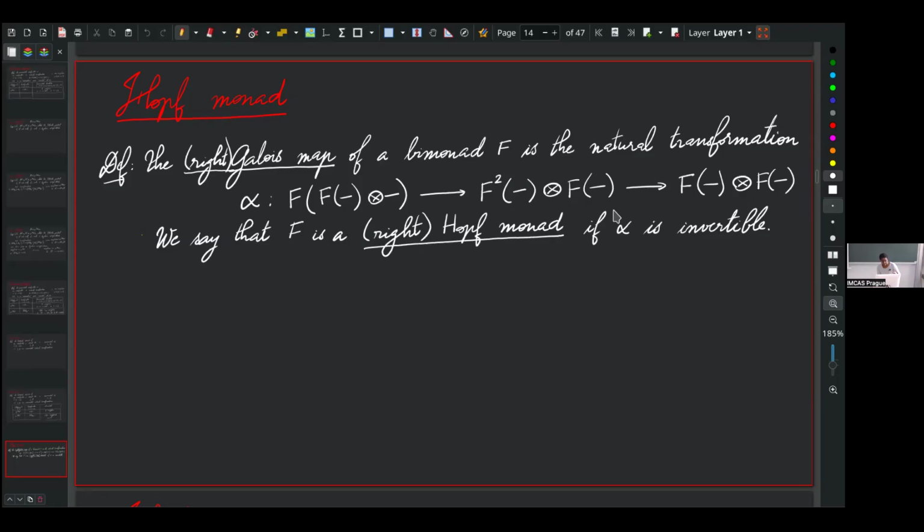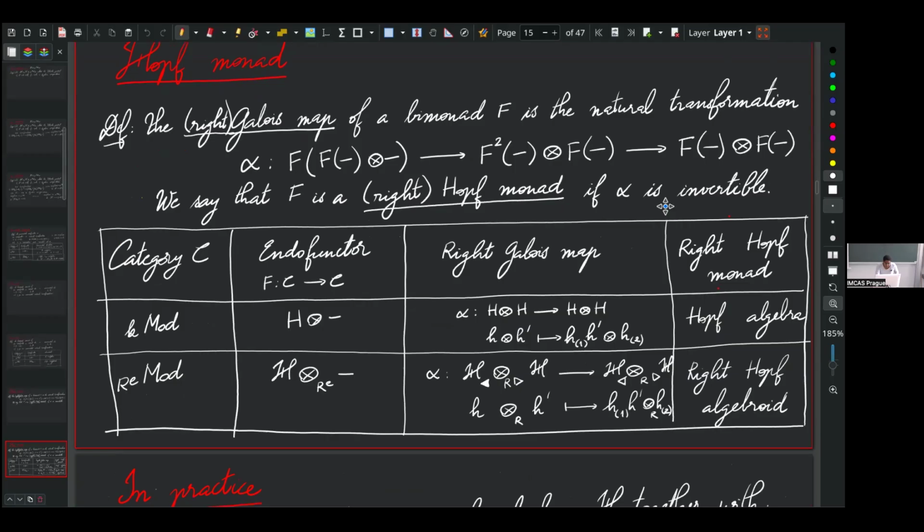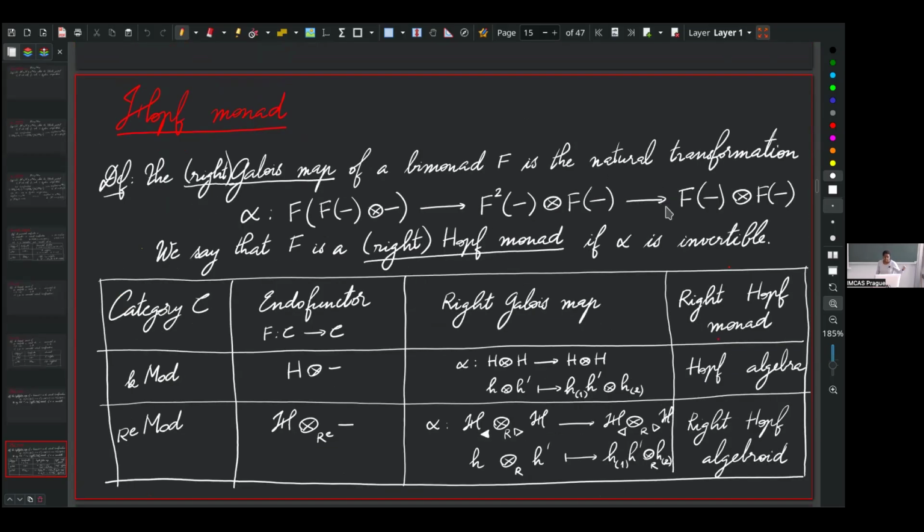This composition yields the Galois map, and we say that our bimonad is a right Hopf monad if this natural transformation is invertible. In the classical setting, we recover the notion of a Hopf algebra, and in the algebroid setting, we obtain what is called a right Hopf algebroid.